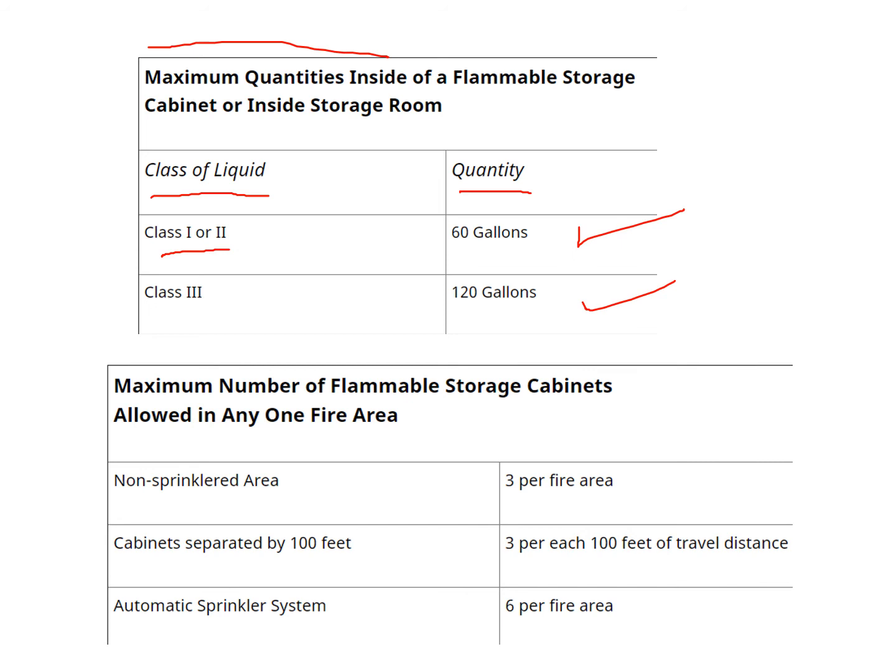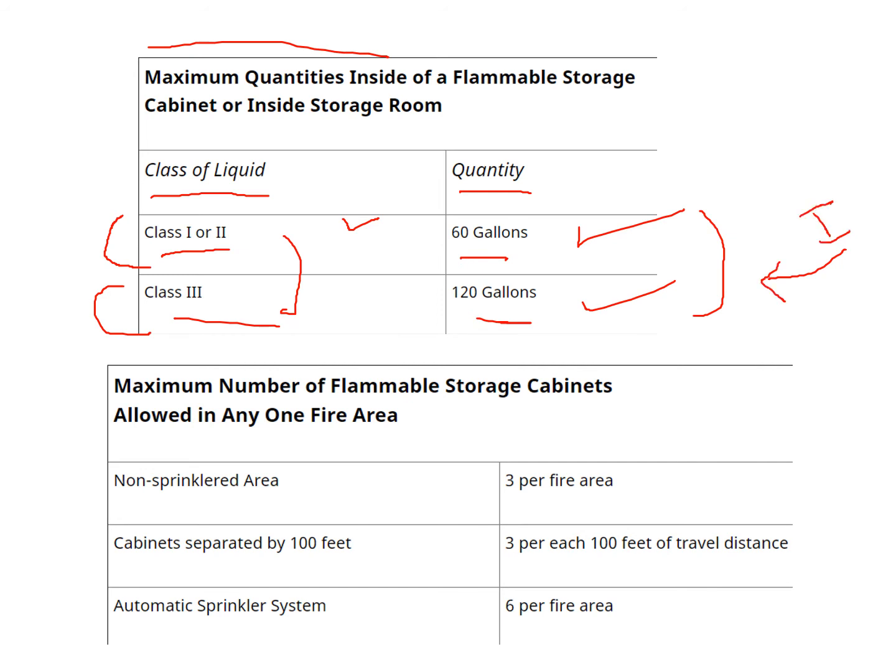So it means if we want to make storage, for example in the cabinet or in a certain storage area, we can only store class 1 or class 2 liquids up to 60 gallons, not 100 gallons or more than 60 gallons. And similarly in that particular area, we can store class 1, class 2 and class 3 together up to 120 gallons. So class 3 we can add up to 120 gallons of liquids, while class 1 and 2 are 60 gallons. So this is the total in that one particular area. So you got my point.